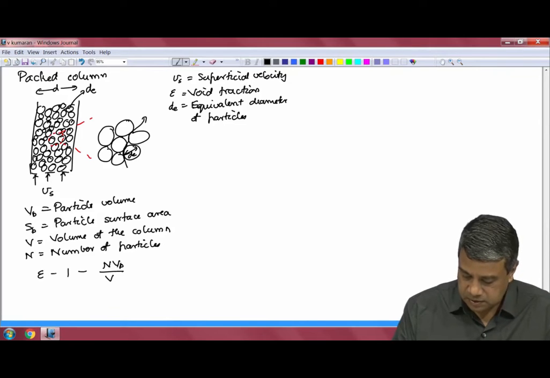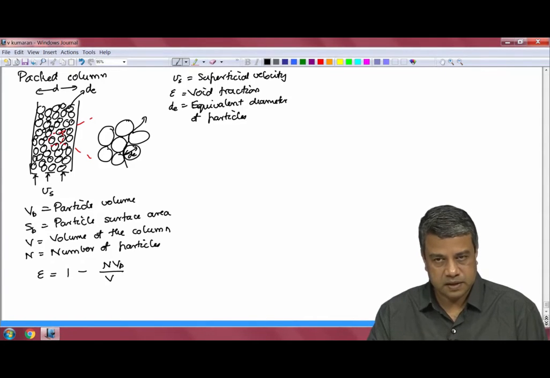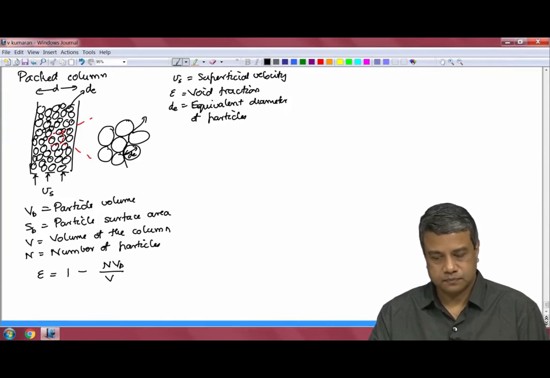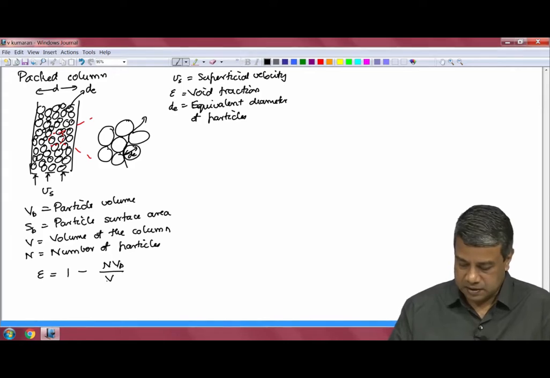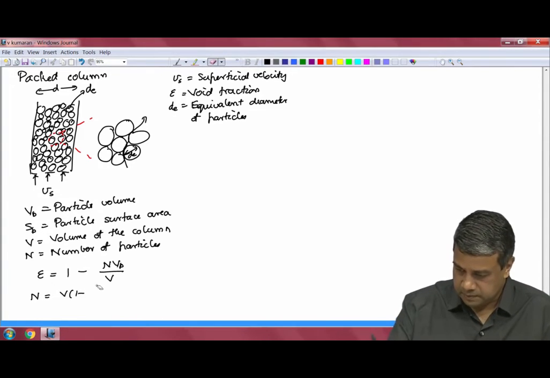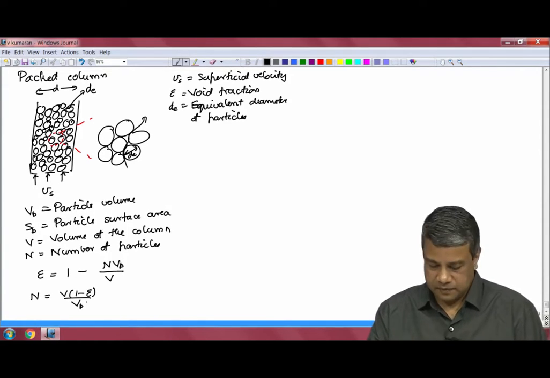Volume occupied by particles divided by total volume is the particle volume fraction. 1 minus that is the void volume fraction. And this can give us a relationship for the number of particles n. So, therefore, the number of particles n has got to be equal to V into 1 minus epsilon by Vp.